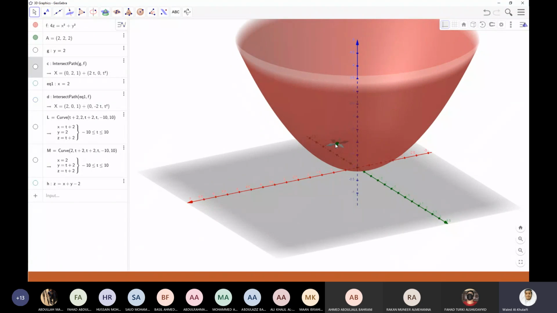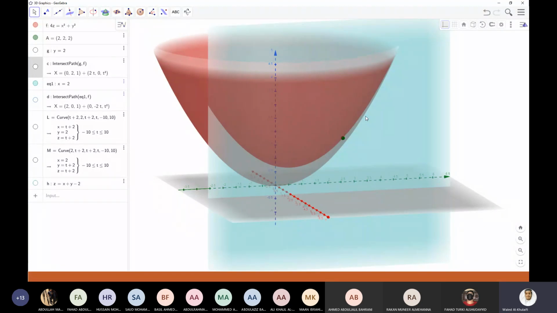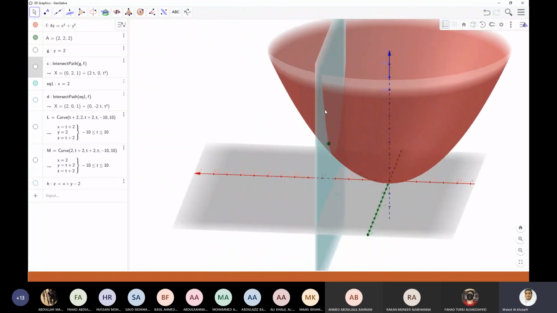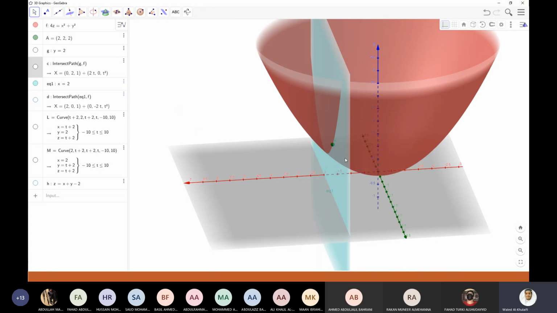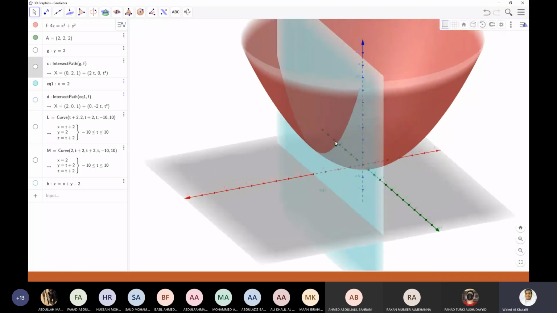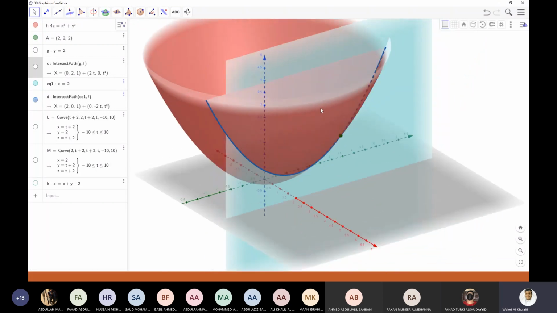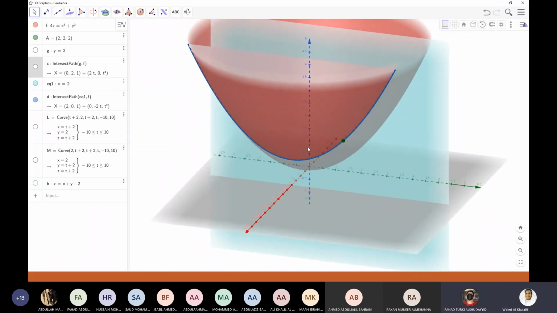If you see this green point, this is the point A. And we said, let's take a plane x equal 2, the plane that goes through that point and is vertical on the xy plane, so it looks this way. And then we said, let's take the intersection. When this plane cuts the surface, we get this curve, the blue curve here.